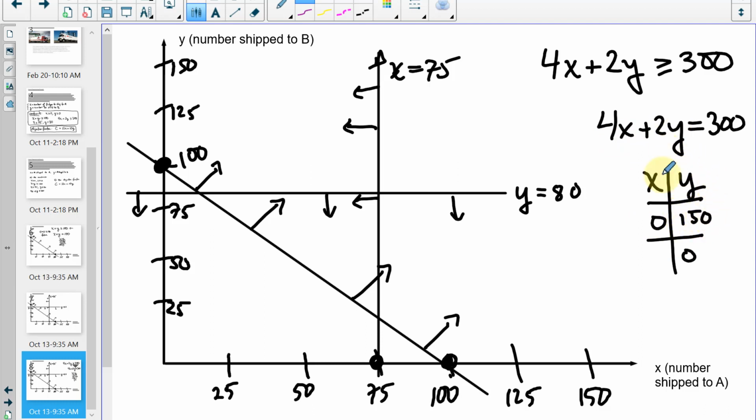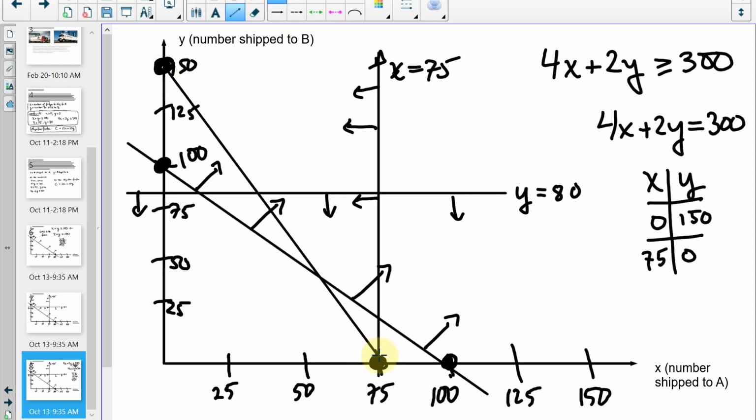If I make the y 0, the x is going to be 75. So plotting these 2 points, 0, 150, that point's up here, and 75, 0, that's this point there. So the line passing through those 2 points looks like that.